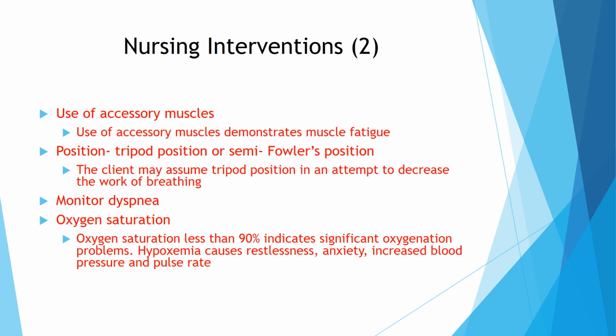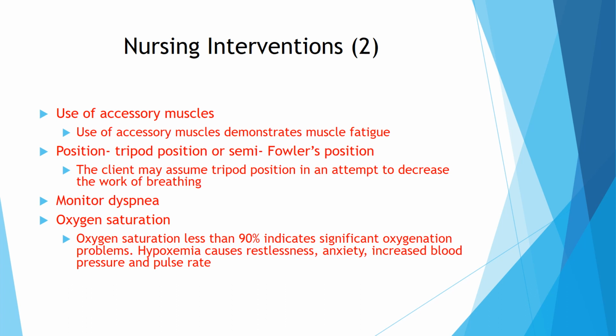Listen up one more time. Use of accessory muscles. Once your client starts using these accessory muscles, they are demonstrating muscle fatigue. They are getting tired. Something that your client always wants to do when they are in the throes of this asthma attack is assume the tripod position.